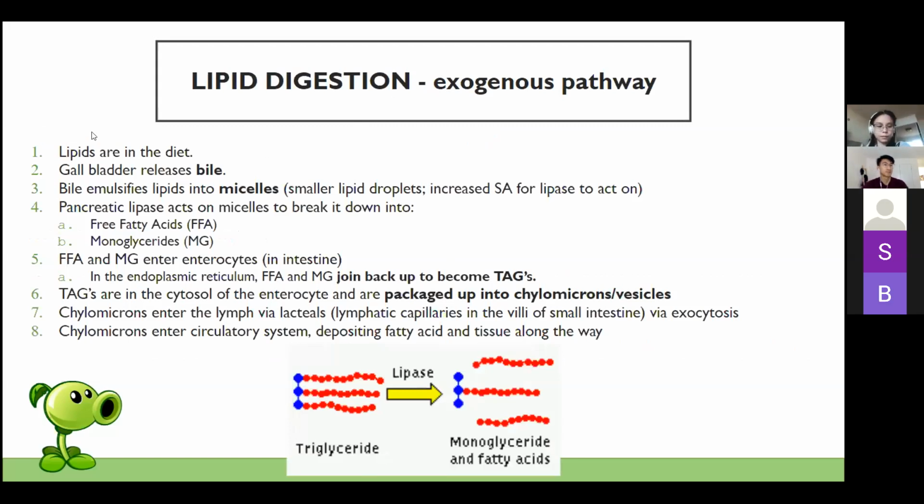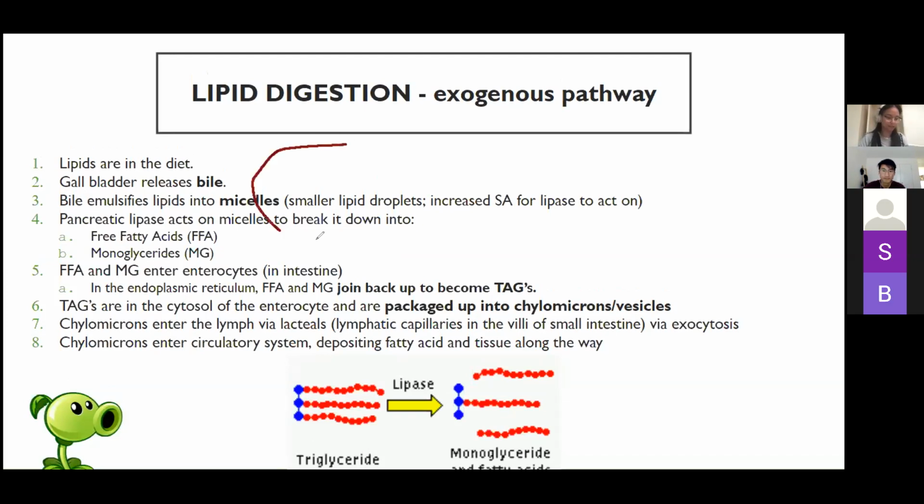So we have fats that we've eaten, and when it gets to our gallbladder, the bile in the gallbladder will break down that fat into little droplets. Why it does this is because if you might remember from chem, increasing the surface area will increase the rate of reaction. So what the bile does is it increases the surface area of the fats that we eat.